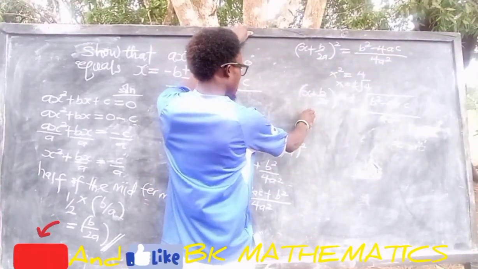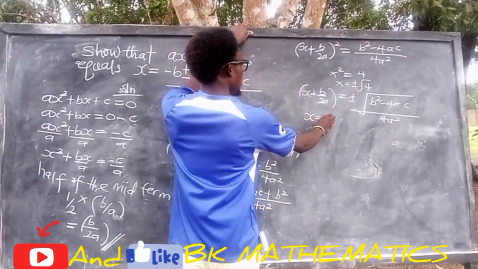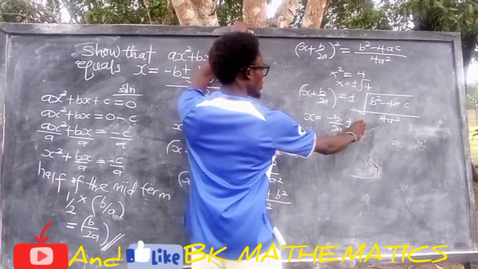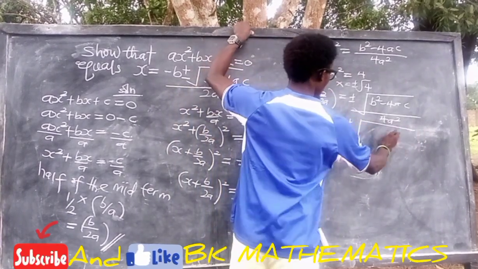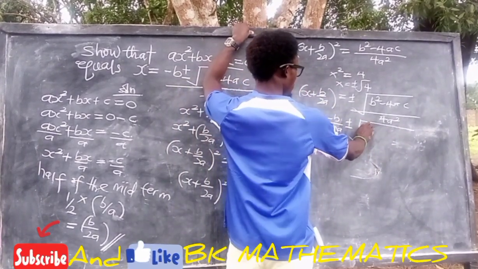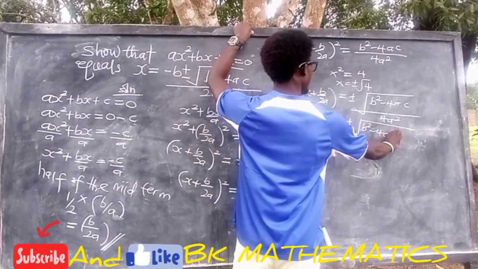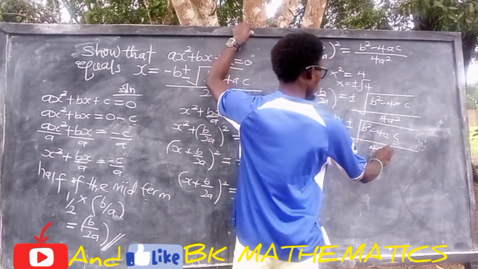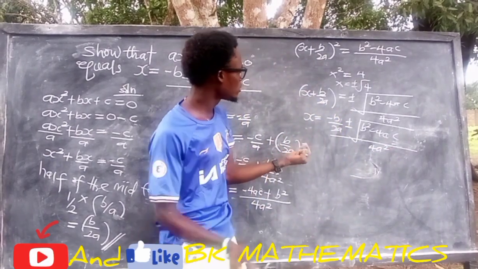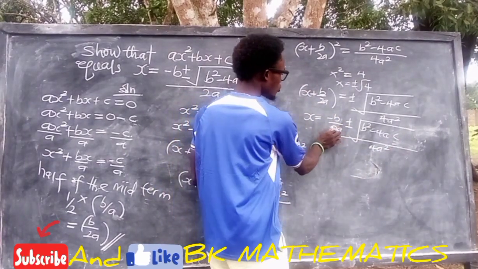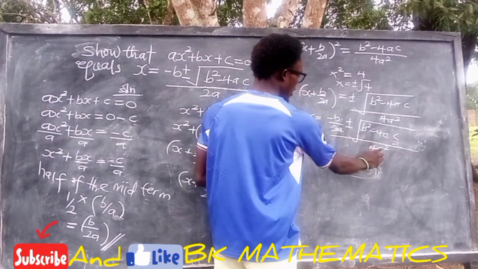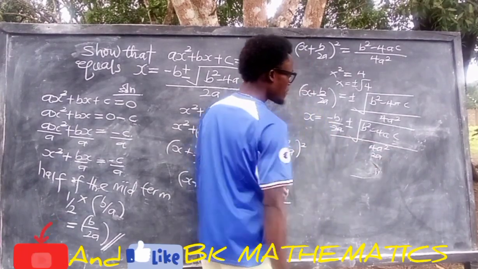Then we say x now becomes minus b upon 2a plus or minus the square root of b squared minus 4ac divided by 4a squared. Let's cancel. This 2a cancels, 2 into this giving you 2, a cancels a, remains a.